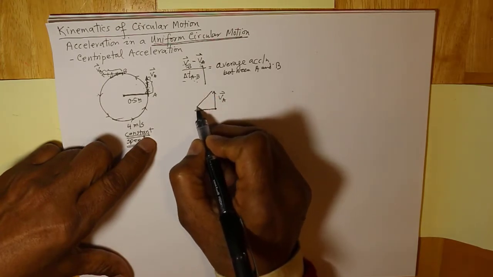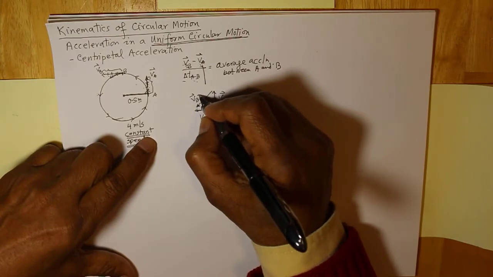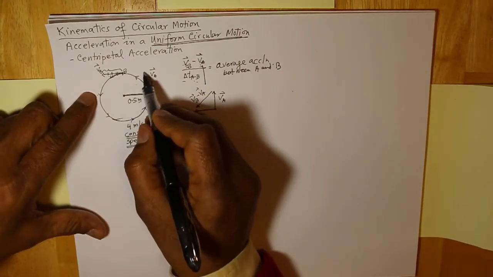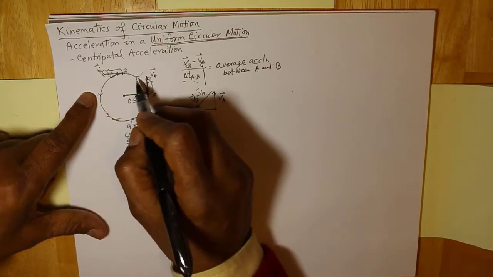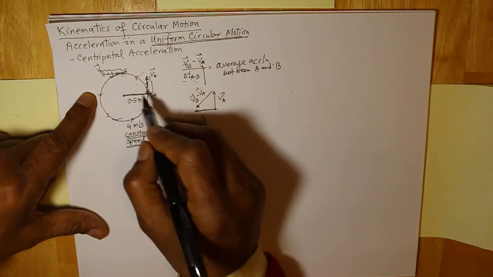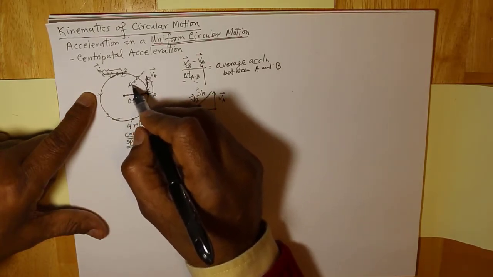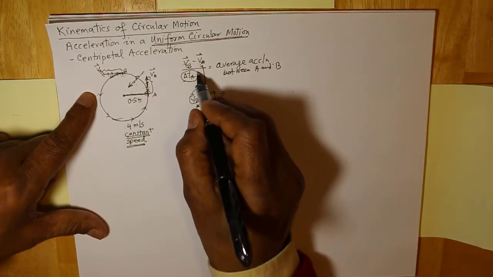And this will be the VB minus VA direction. That's the direction of the change in velocity, and this is a positive number.